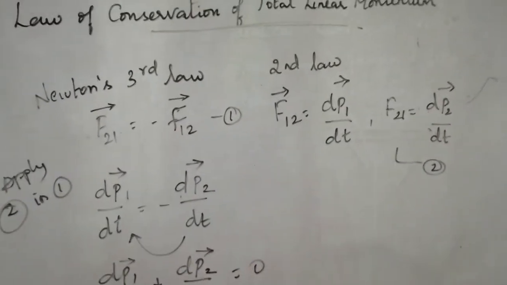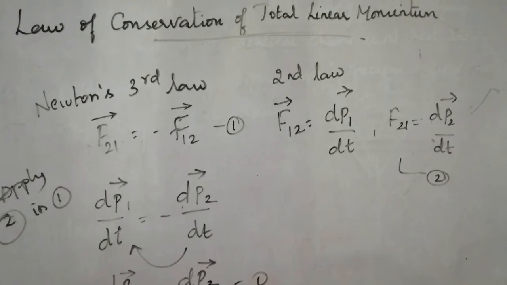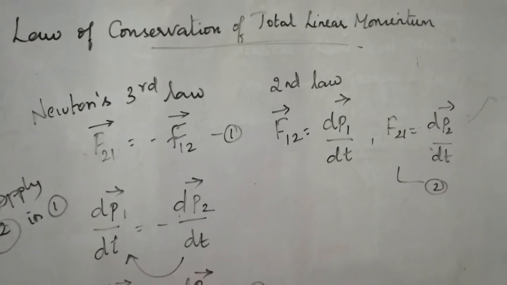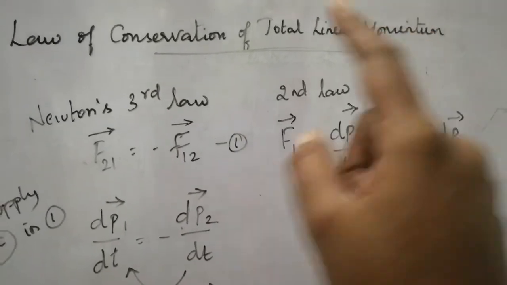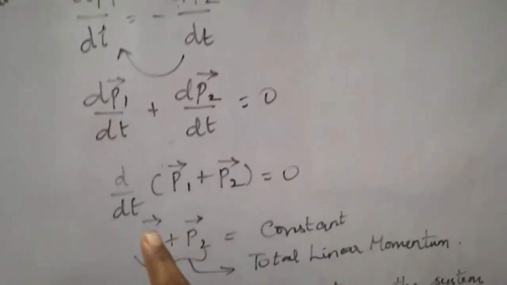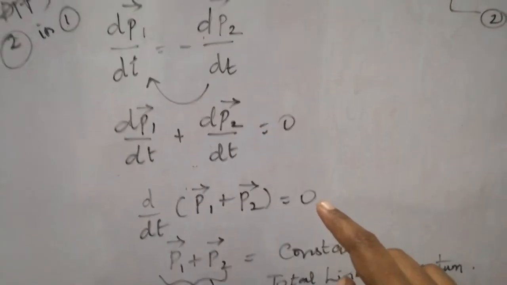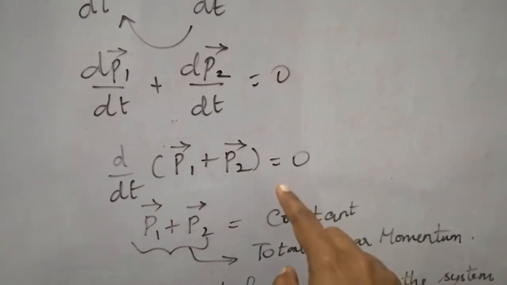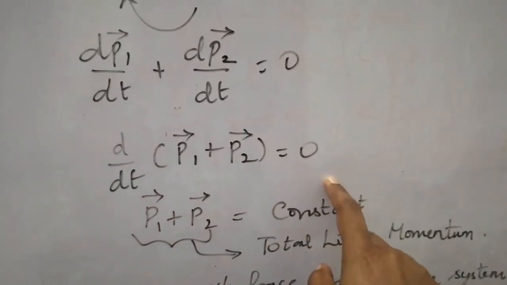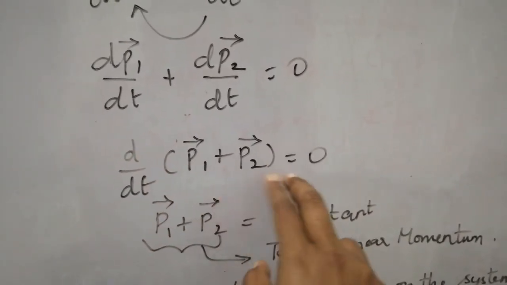As I told you, conservation is to preserve from change. It should have no change in the value. Whatever the linear momentum may be, the change should be 0. When is the change value 0? d by dt of any constant is 0.